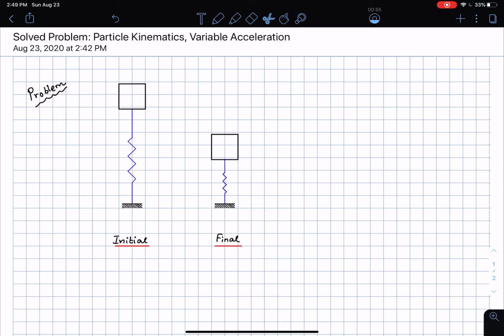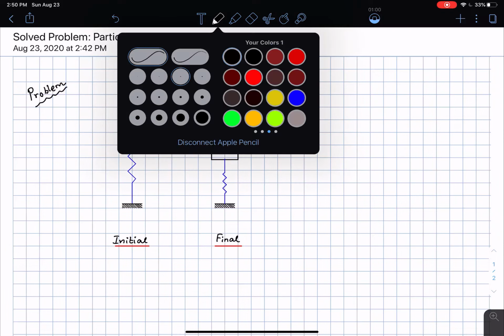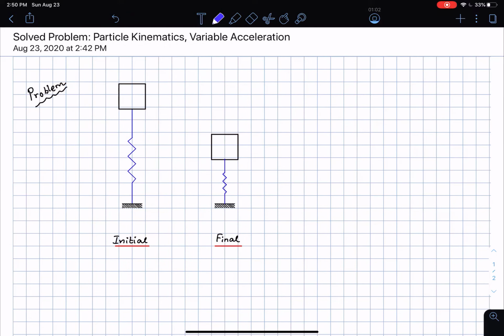What I'm told though is that at the initial position, this box or this particle has a certain velocity. So I'm told that the particle is pushed down with a certain velocity which is given as v naught. What happens if you have a particle sitting on a bed of springs and you push it down? It's obviously going to go down, right?